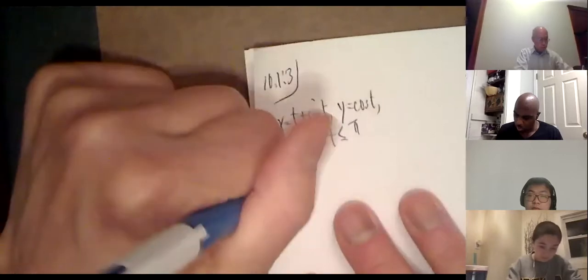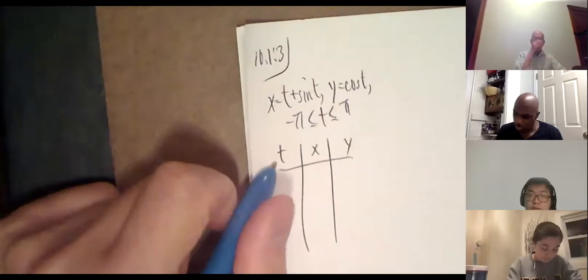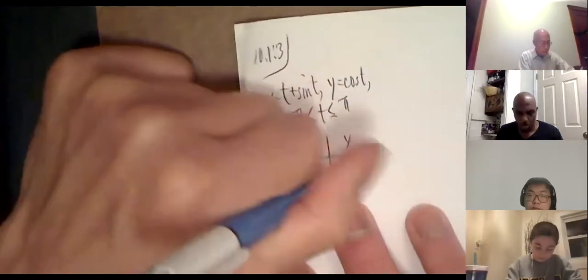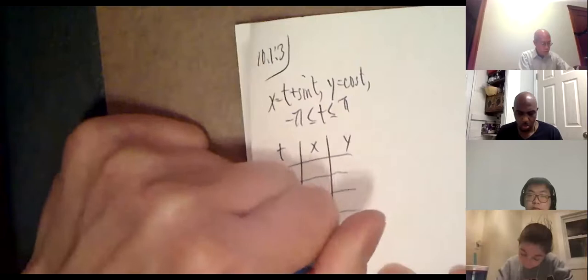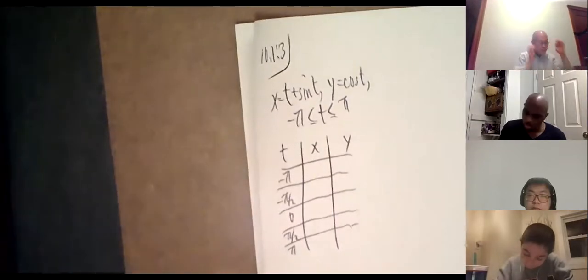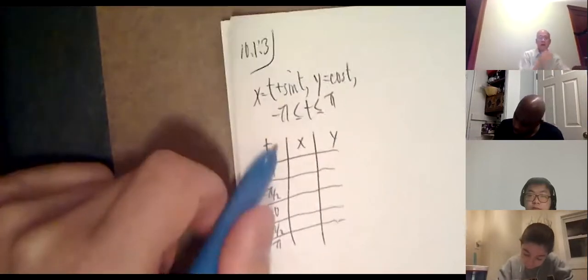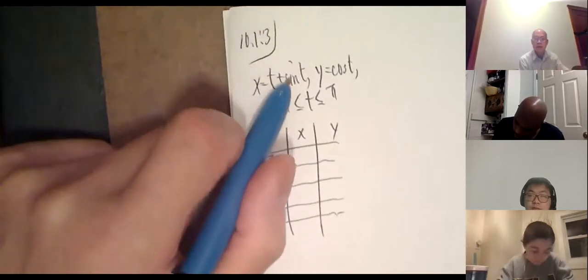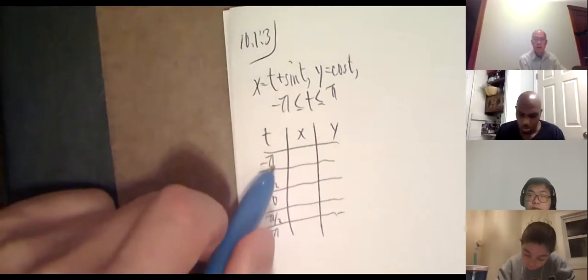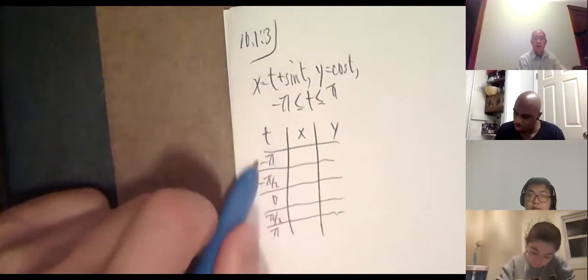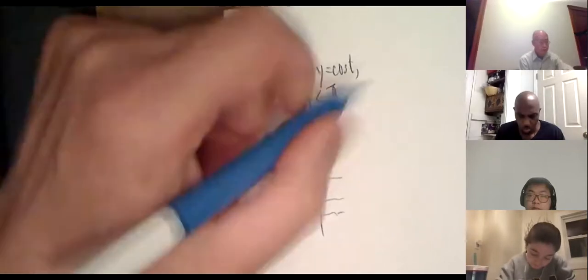Okay, so t, x, y, going from negative pi to pi. How about negative pi over 2, 0, positive pi over 2, pi. Sine of pi is 0, sine of 0 is 0. For negative pi, x is negative 3.1.